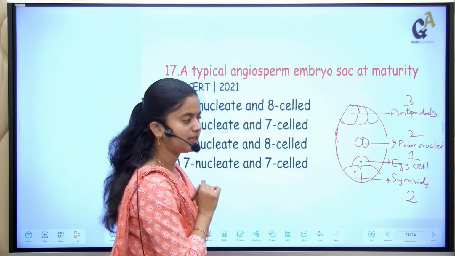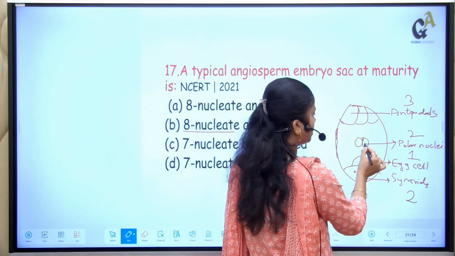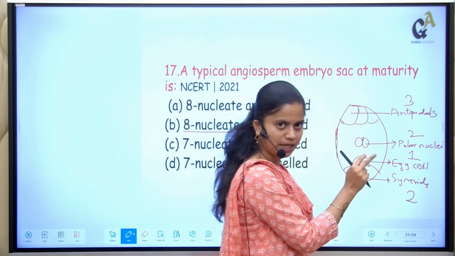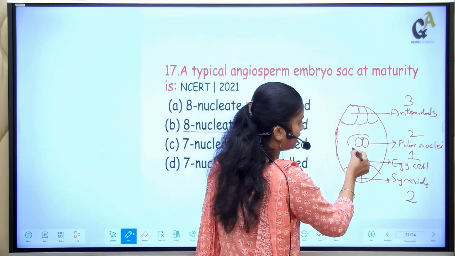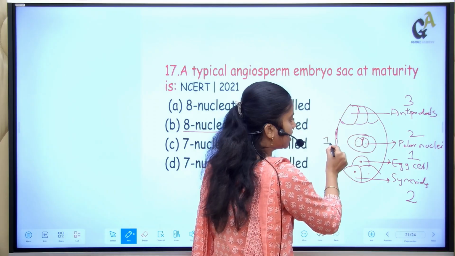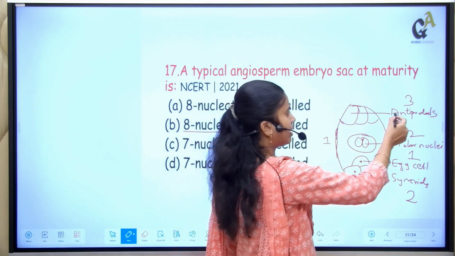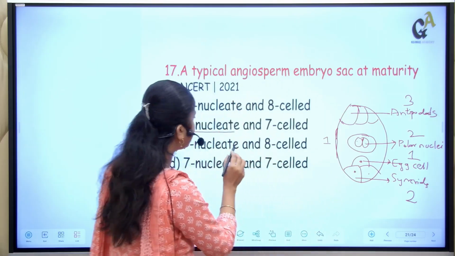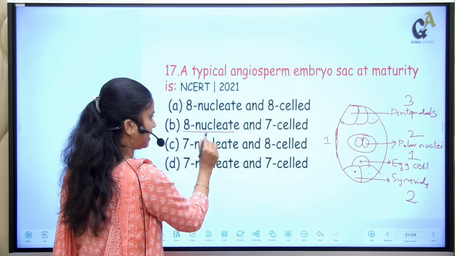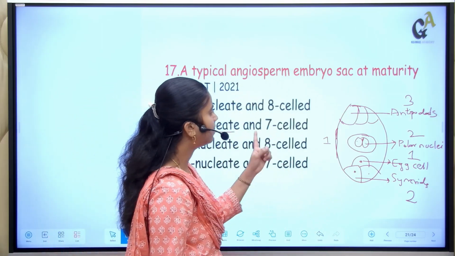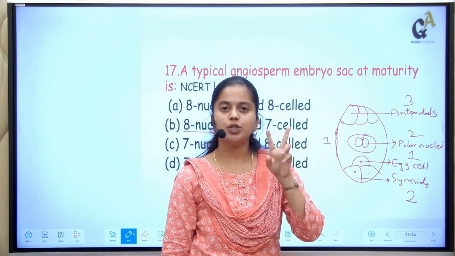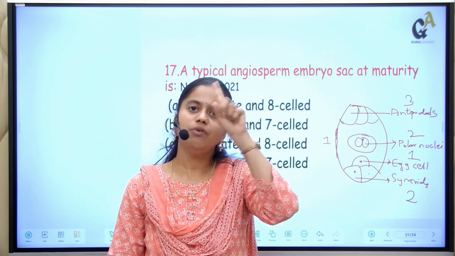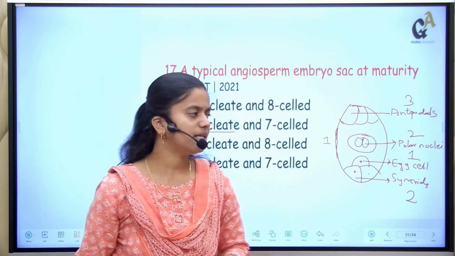How can you call it 7 cells? The 2 polar nuclei we will consider as a single cell. So once again if you calculate you will get 3, 4, 5, 6, 7. So 8 nucleate and 7 celled, because the 2 polar nuclei are considered as a single cell.